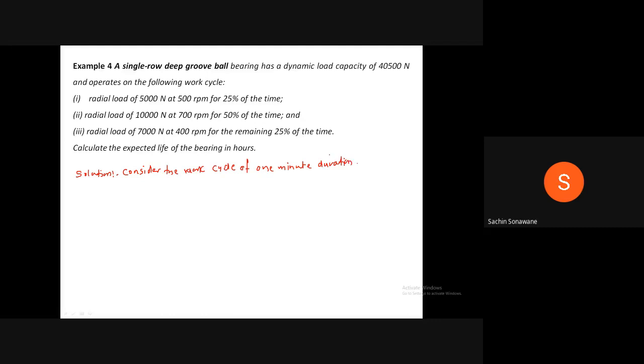The values of load P and revolutions N are tabulated as follows.